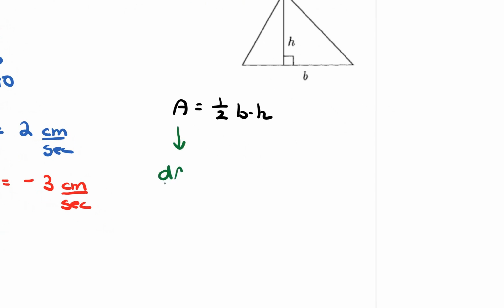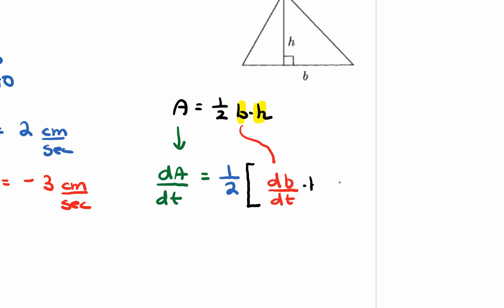So I have dA over dt equals, now there's a constant of 1/2, so I generally pull that constant to the side there, and then I take the derivative of the variables by using the product rule here. So the derivative of b is going to be db over dt times the height plus the base times the derivative of height with respect to time, which is dh over dt.